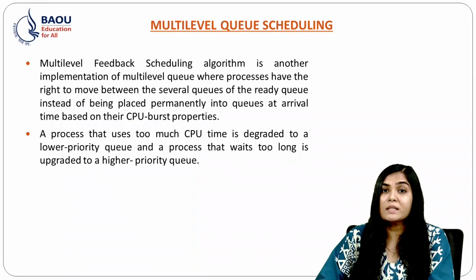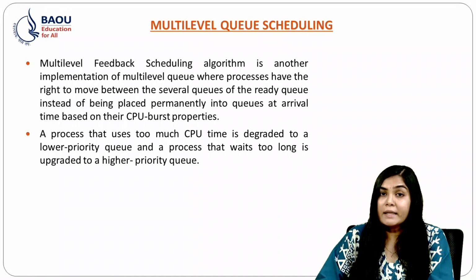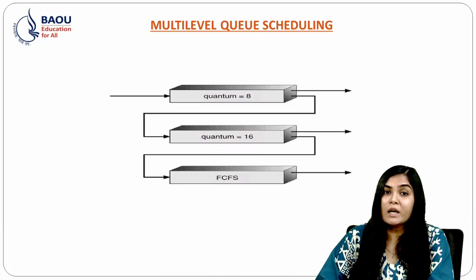A process that uses too much CPU time is degraded to a lower priority queue, and a process that waits too long is upgraded to a higher priority queue. So now let's understand this algorithm by an example.